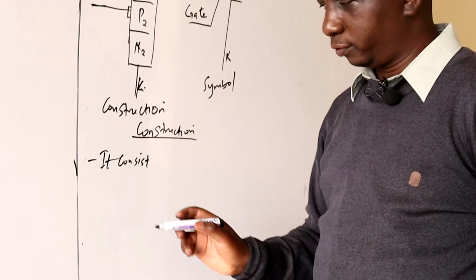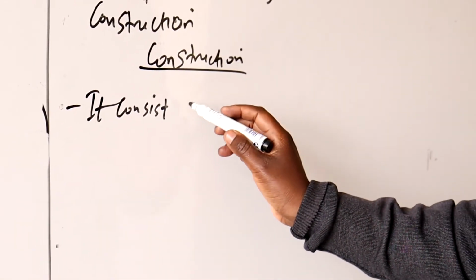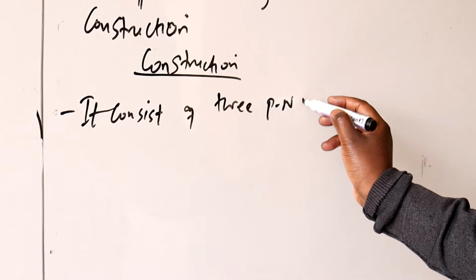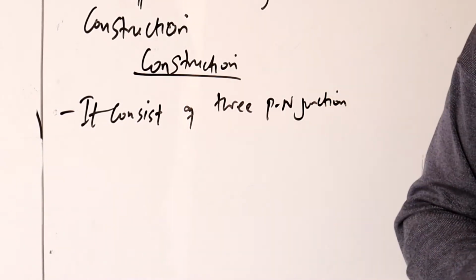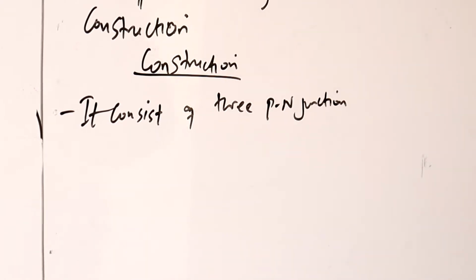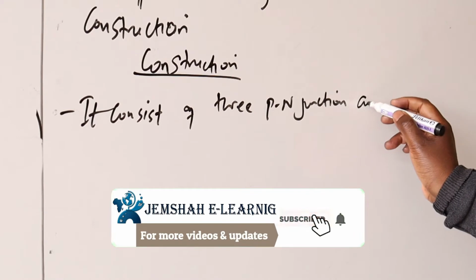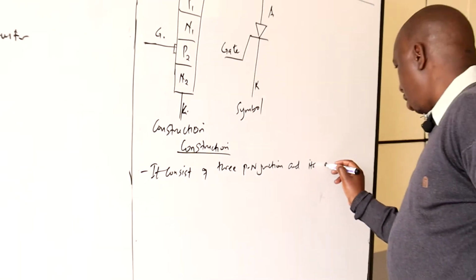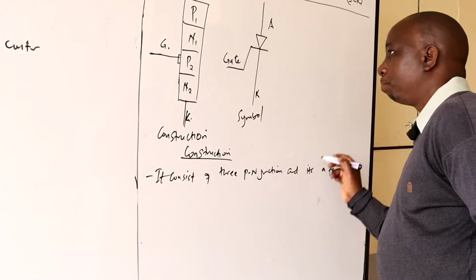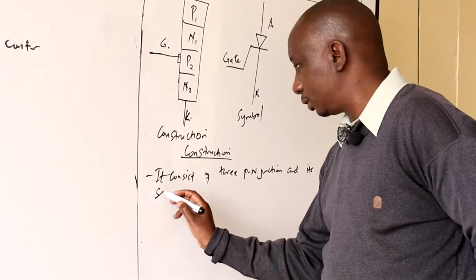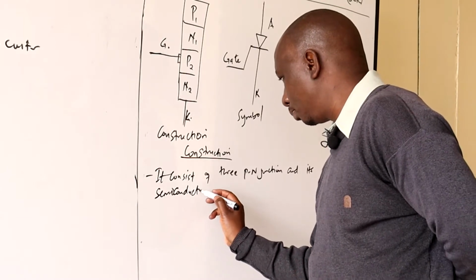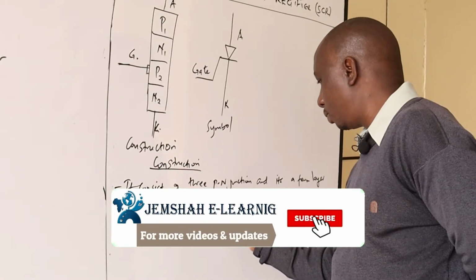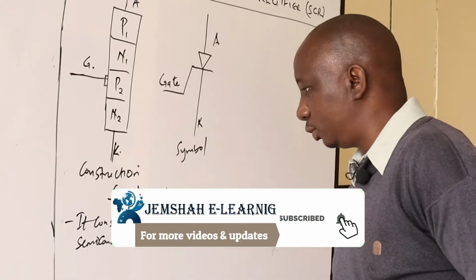It consists of 3 p-n junctions, and being a 4-layer semiconductor device. So we have the P1, N1, P2, N2 device.